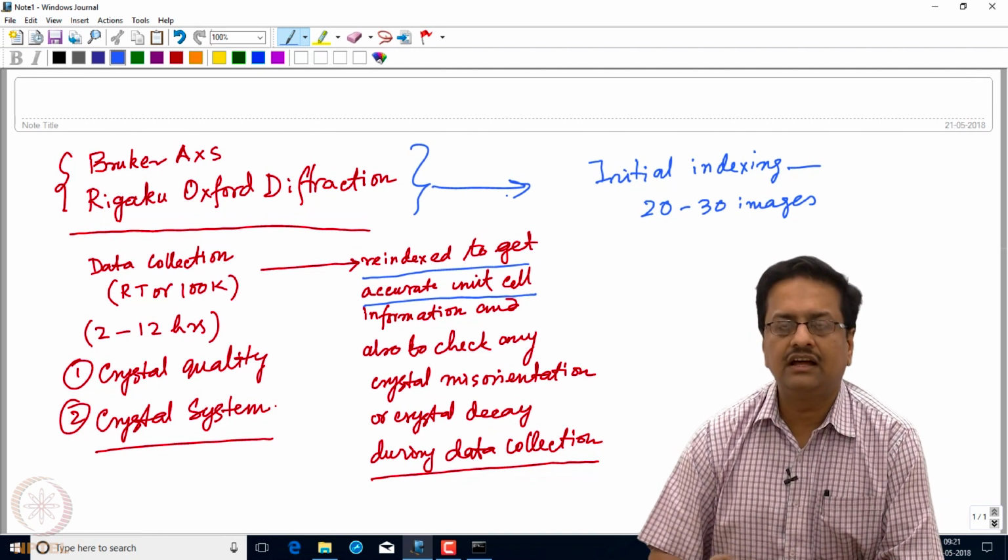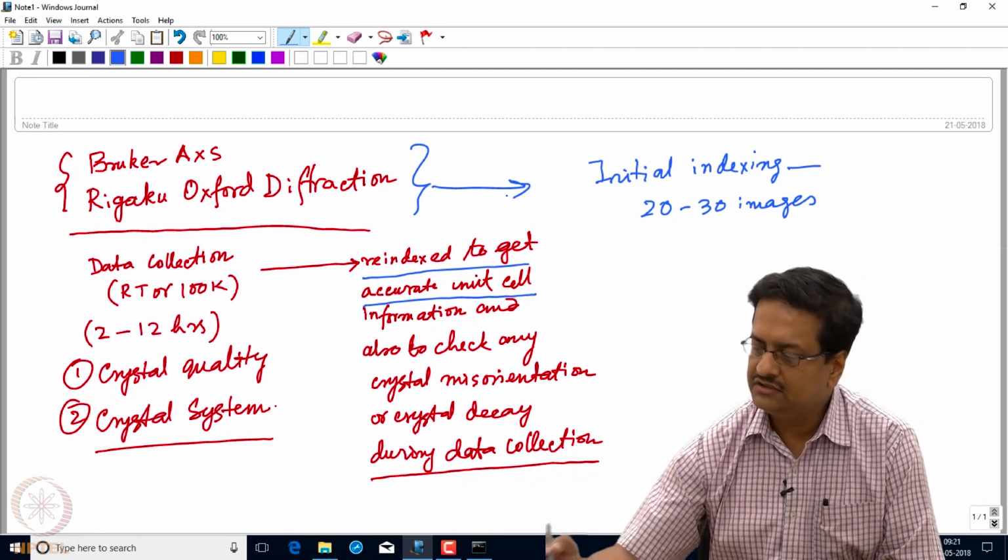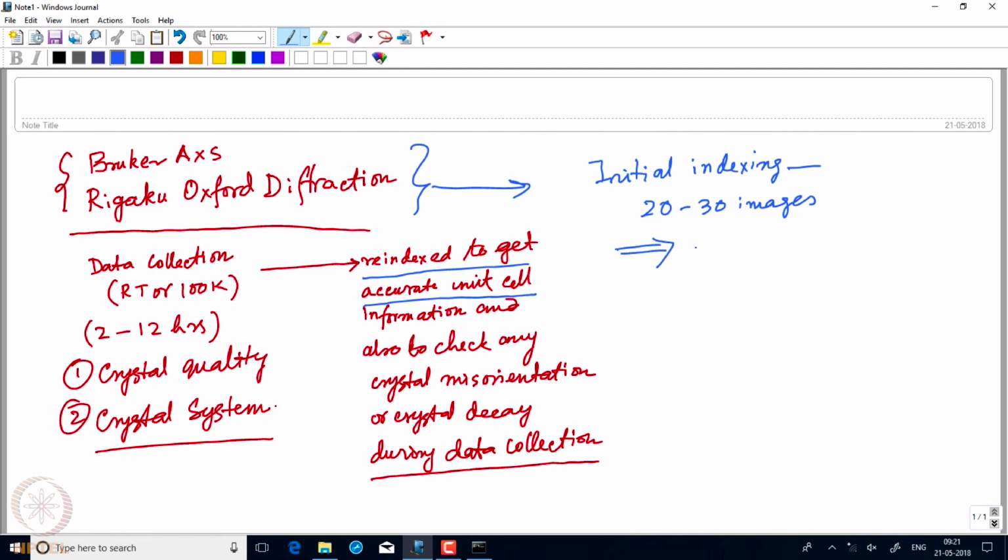In general, we collect about 20 to 30 images, from which we get about 100 to 200 reflections, depending on the symmetry of the lattice, and from that we get the information about a, b, c, alpha, beta, gamma, and then we can conclude about their volume and also the Bravais lattice.